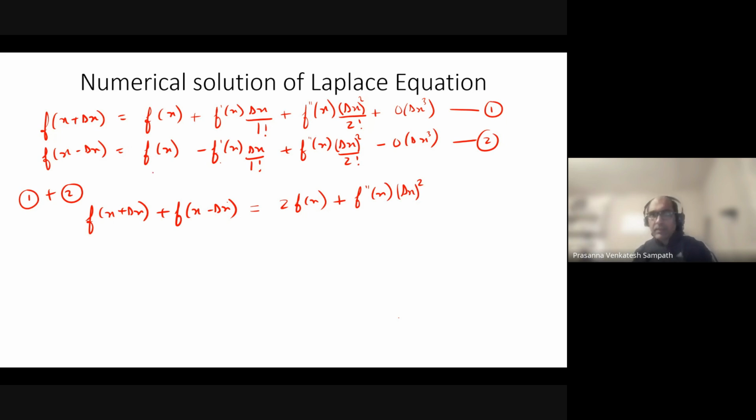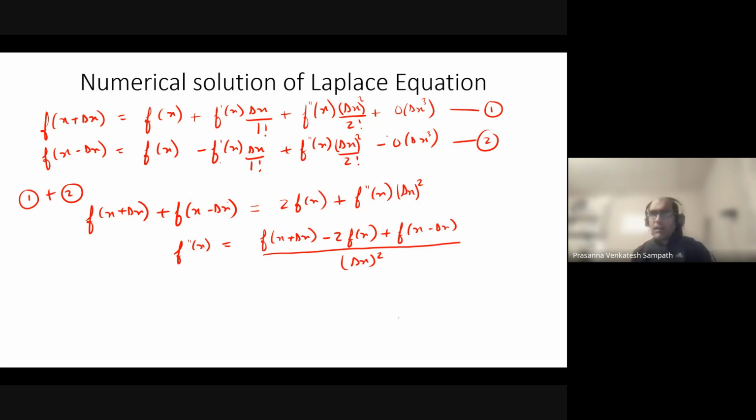All done. Now, if I rearrange this equation, I will get f''(x) equal to, take this term and collect all the terms on the left hand side, f(x+Δx) − 2f(x) + f(x−Δx), the whole thing divided by Δx².